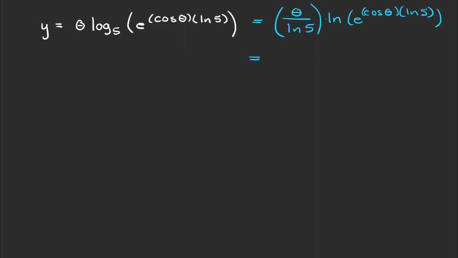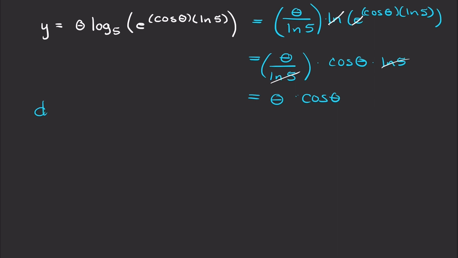Okay, now our natural log and our exponent, since they're inverse functions, are going to kind of cancel each other out. So we get theta over natural log of 5 times cosine of theta times natural log of 5. So these natural log of 5s are going to go away. And this function just can be simplified as theta times cosine of theta.